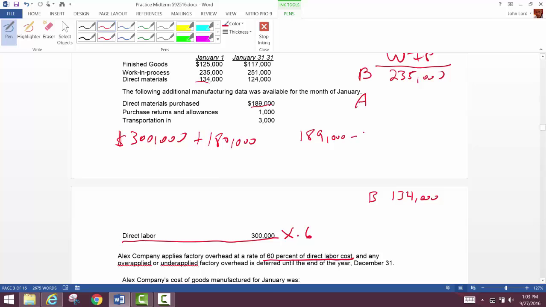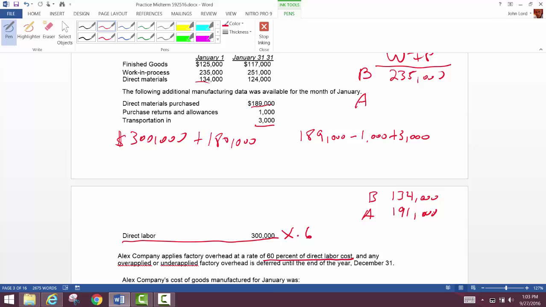If I return those. And then if I have to pay the transportation, that's part of the cost of the direct materials. So what's that give me? 191 is the net amount purchased. Right? I returned some, but I had to pay the freight for some, so I got to add that in.